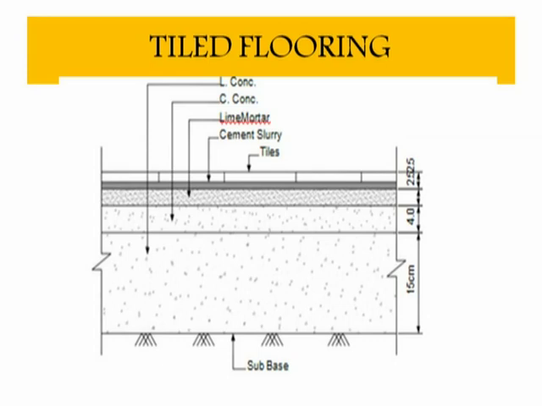It may be of more thickness if required. Over that a lime mortar layer is laid down. Over that the cement slurry is provided, and over the slurry the tiles are laid down. So these are the different layers which are commonly provided in a normal floor.